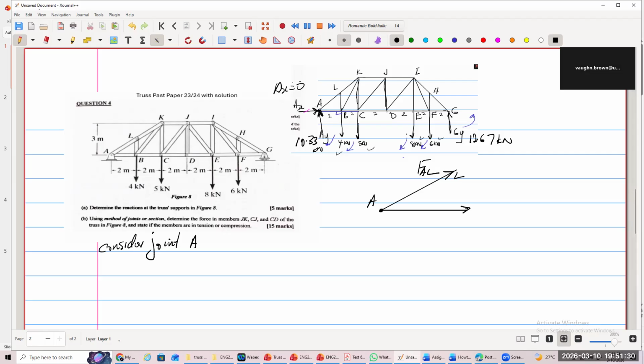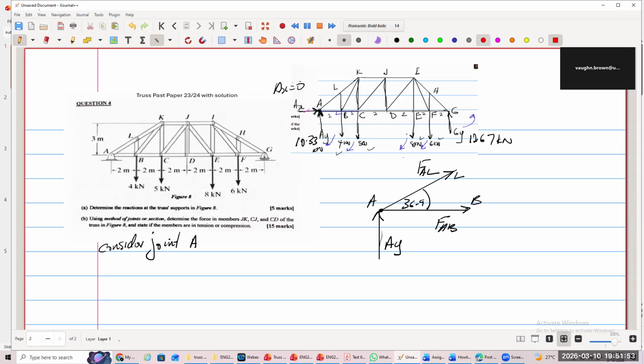All right. So this is B. I'm going to call that FAB. And there's another force going in it. This is AY. AX is 0. You don't have to put it in. I know that this is 36.9. That's what I do know.